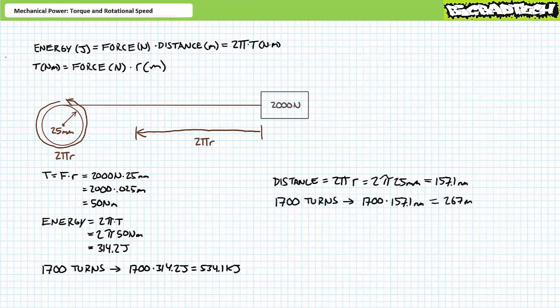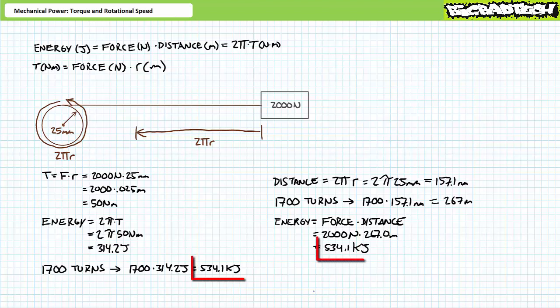If the shaft turned 1,700 times, it means it's pulled that object 1,700 times 157.1 millimeters, or roughly 267 meters closer. 2,000 newtons has been expressed a distance of 267 meters. Energy is force times distance. 2,000 newtons times 267 meters is equal to 534.1 kilojoules. Most likely these results are correct.